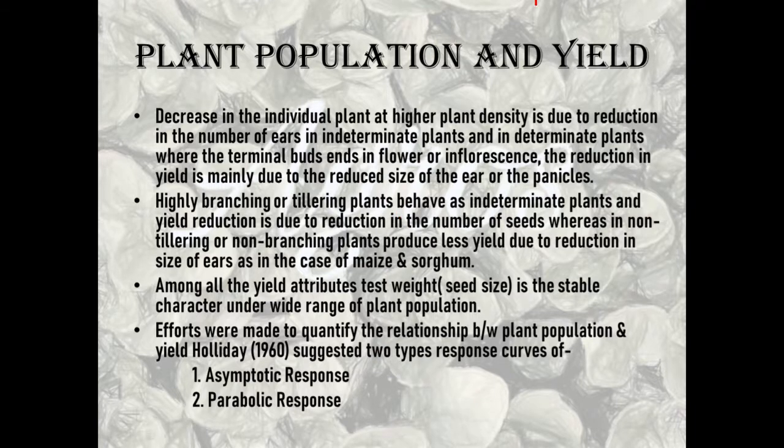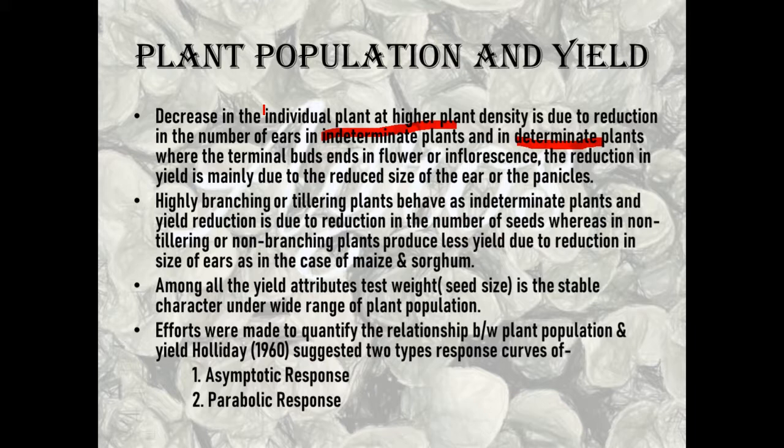Here we see the relationship between plant population and yield. We all know that there are different types of plants. The first type is indeterminate plants, then the other type is determinate plants. Then the relationship of plant population and yield is that in densely populated plants, the individual plant performance decreases.